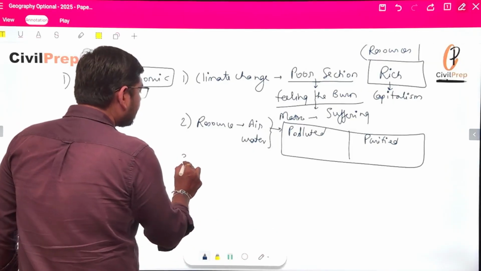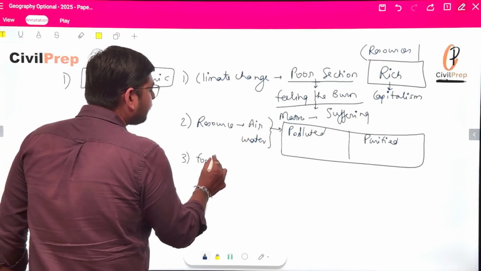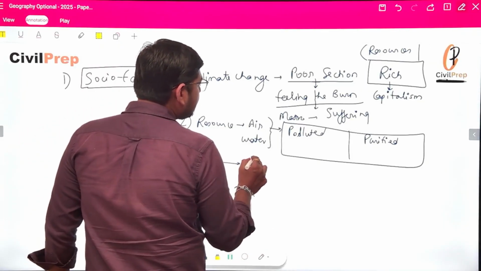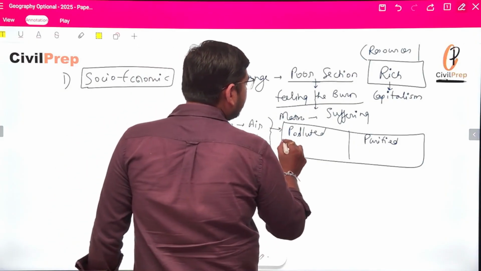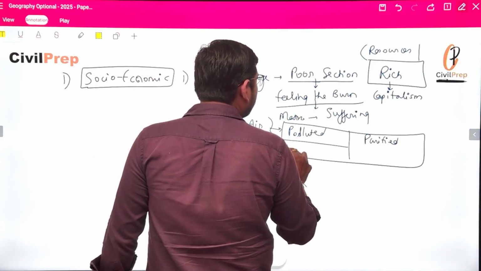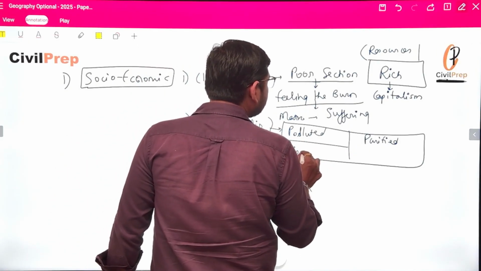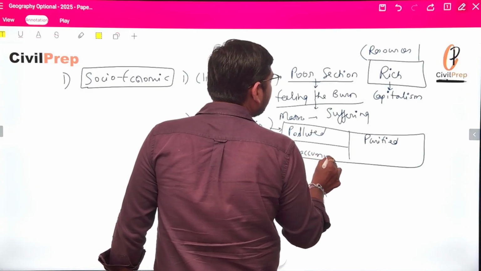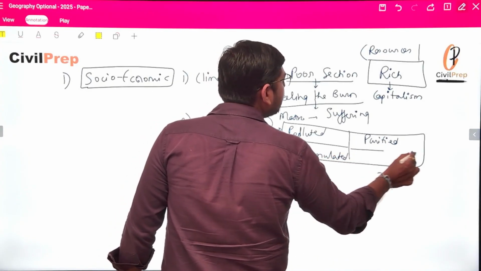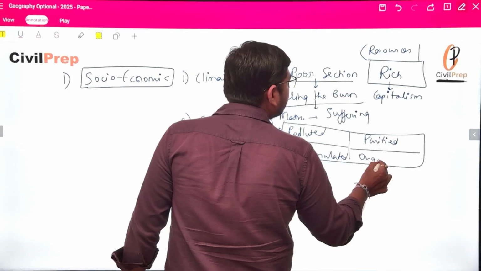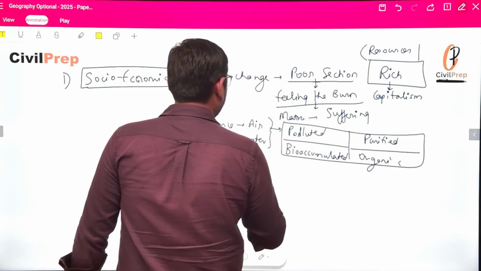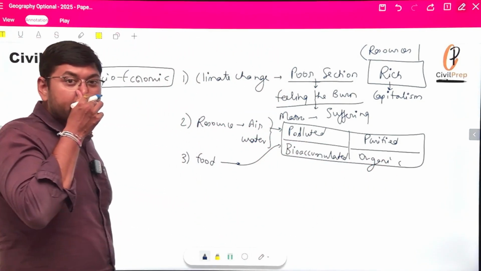This is the same with the concept of food. Under food also, we see that the poor are getting more bioaccumulated food, while the rich are getting more organic food.